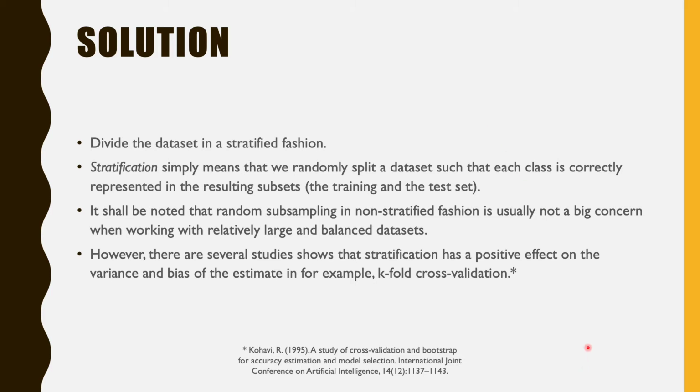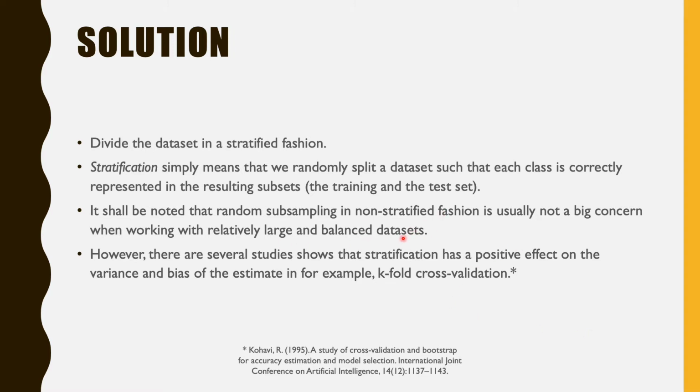So here is the first one. You can divide the data set in a stratified fashion. Stratification simply means that we randomly split the data such that each class is correctly represented in the resulting subsets, which are the training and test data sets. But please keep in mind that random subsampling in a non-stratified fashion is usually not a big concern when working with relatively large and balanced data sets.